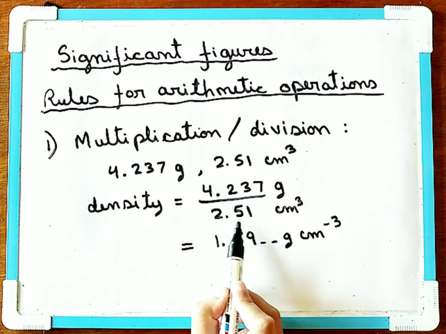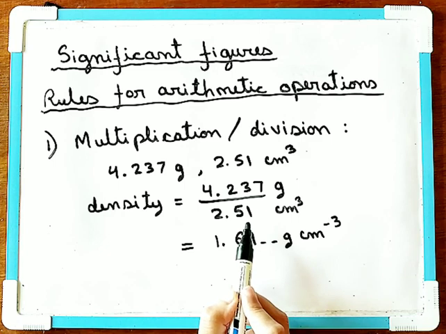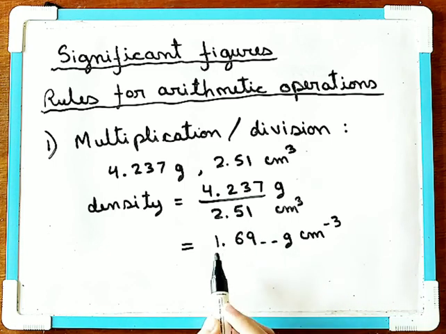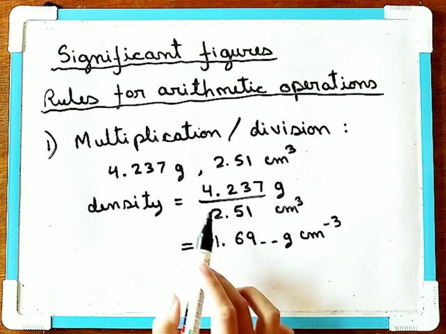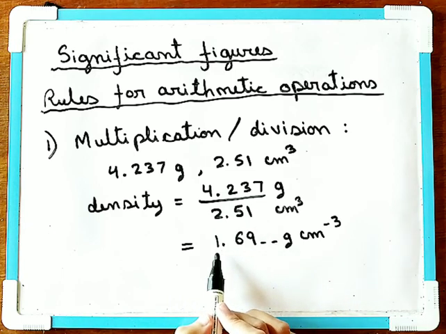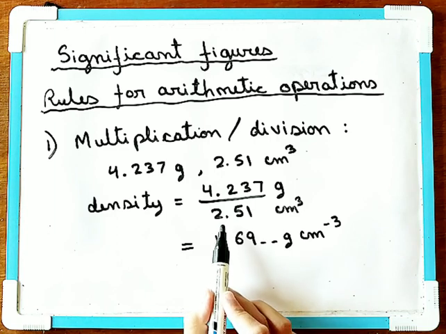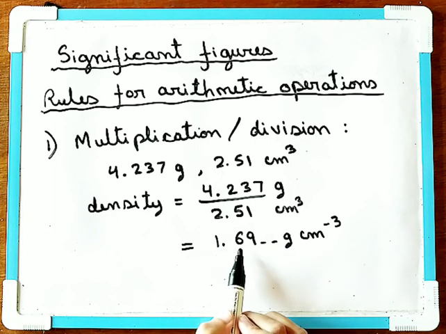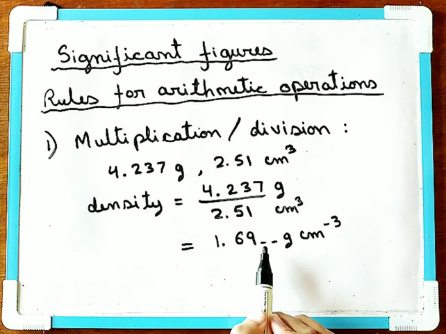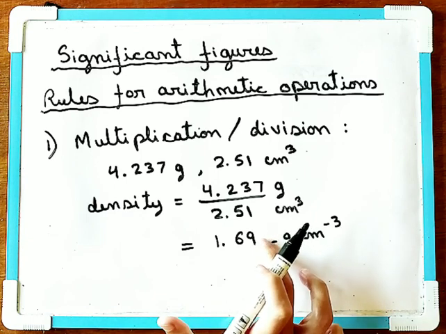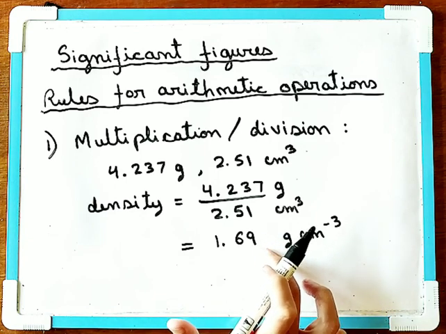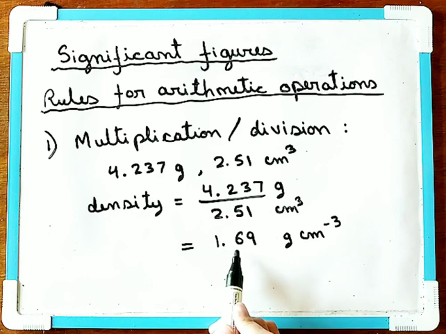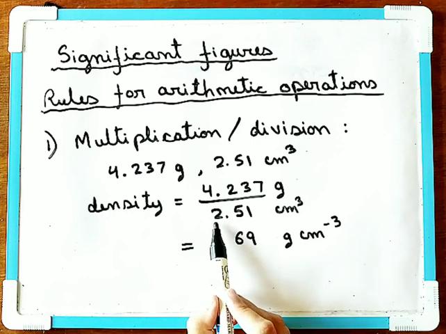So here we have 3 significant figures. So that is the least. Whenever we divide, the result also should have the least significant figures, which is 3. So here the result I write down as 1.69, though you may get some digits here, we'll ignore those digits and just write the three significant figures, 1, 2 and 3, which is the least, which is of this one.